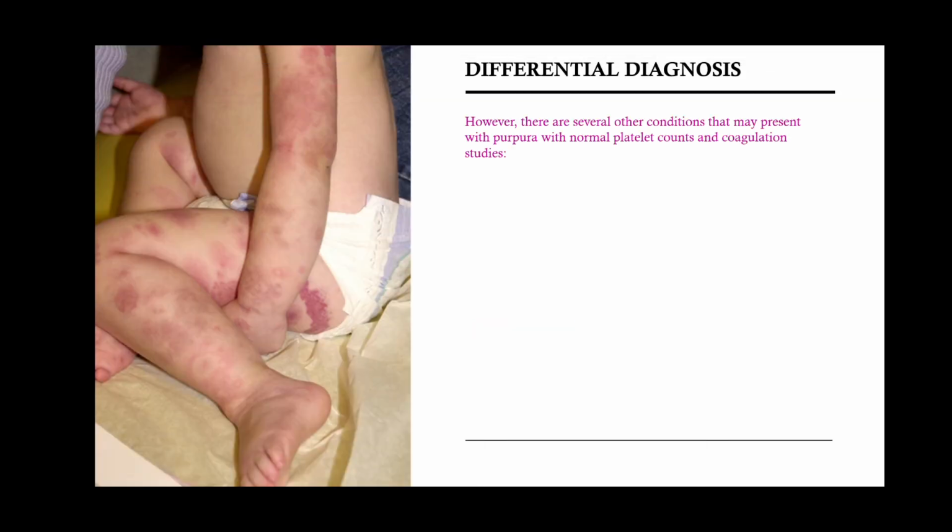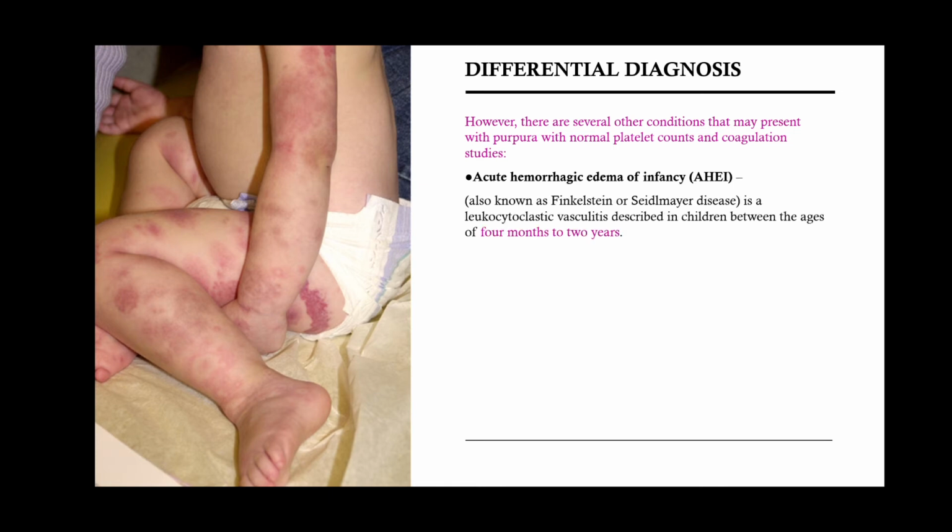However, there are several other conditions that may present with purpura with normal platelet counts and coagulation studies, such as acute hemorrhagic edema of infancy, also known as Finkelstein or Seidlmayer disease, a leukocytoclastic vasculitis described in children between the ages of 4 months to 2 years.